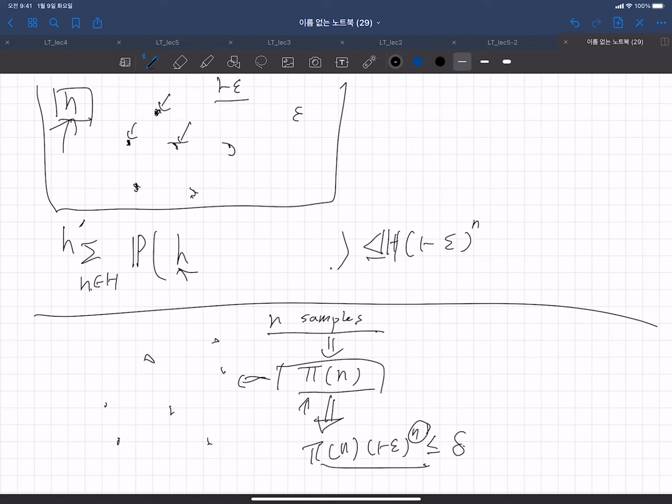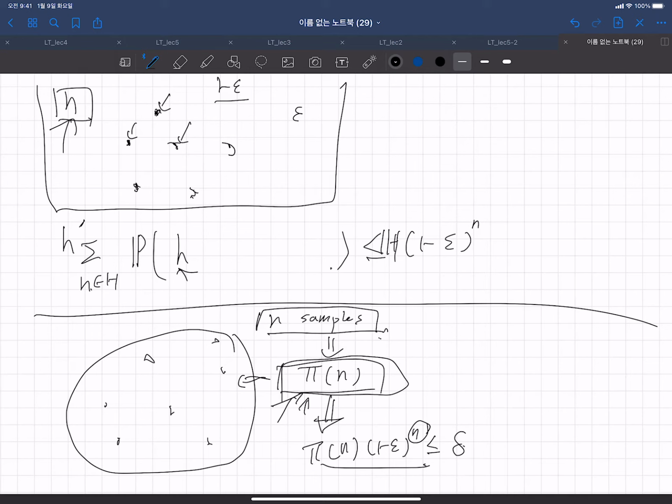But the problem here is, after we sample data points, this realization is not random. After we sample, the outcome is not random. So for this number of hypotheses, we cannot define probability. This is either true or not.